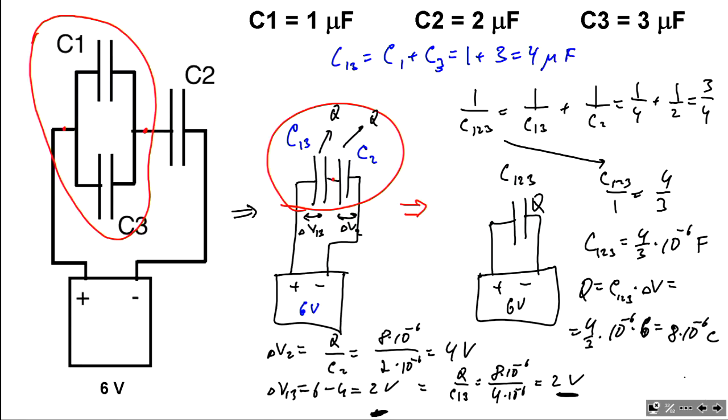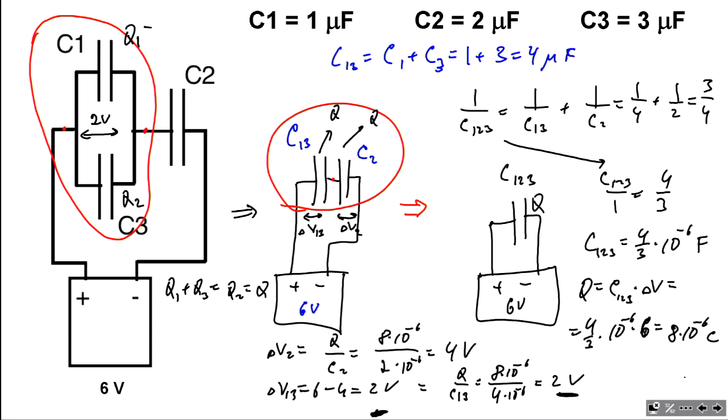Now this voltage is 2 volts. And of course, we can calculate the charge on each individual capacitor. By the way, if we add them up, Q1 and Q3, we should get Q2, which is the same as Q. And how do we calculate it?